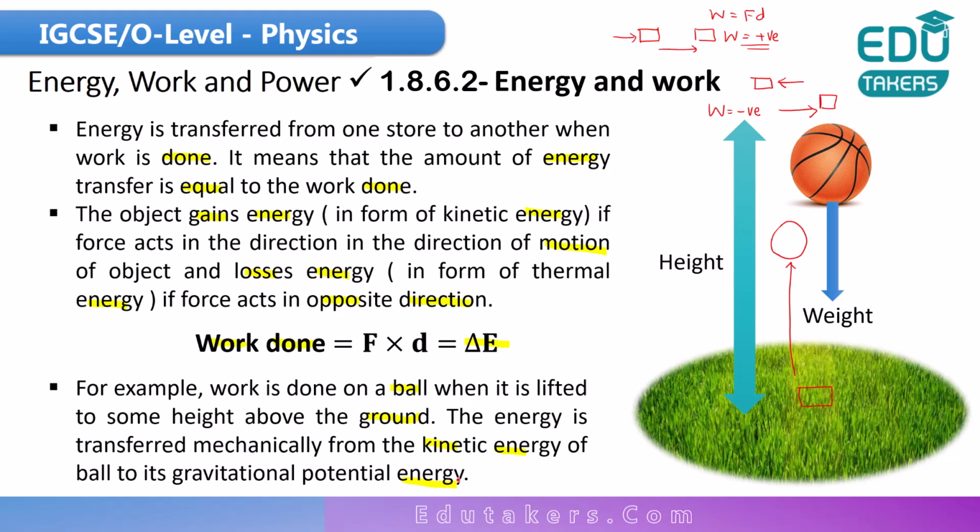Initially, the object is at the ground, meaning this object has zero gravitational potential energy, and at ground level it has only kinetic energy. When the object is displaced through some height, the object is gaining height. As a result, the gravitational potential energy increases. It means that as the object moves from the ground to some height, the kinetic energy is converting into gravitational potential energy.